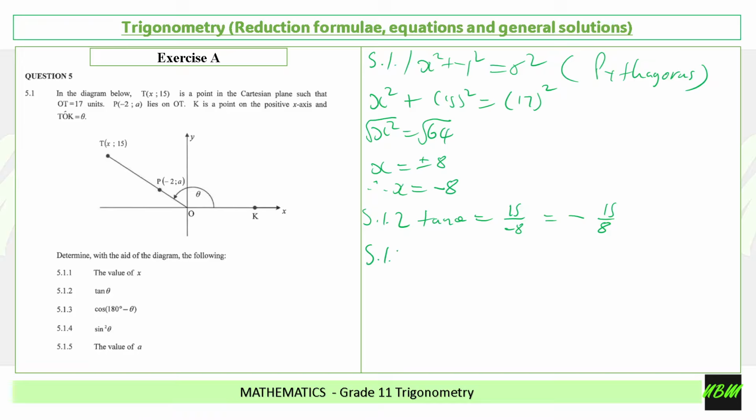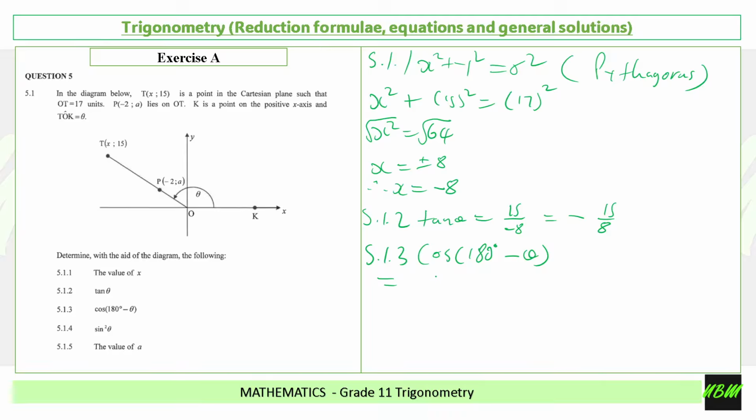Then 5.1.3, we have to determine cos of (180 degrees minus theta). Here we must first apply the reductions. 180 minus theta is in the second quadrant. How is cosine in the second quadrant? It is negative.